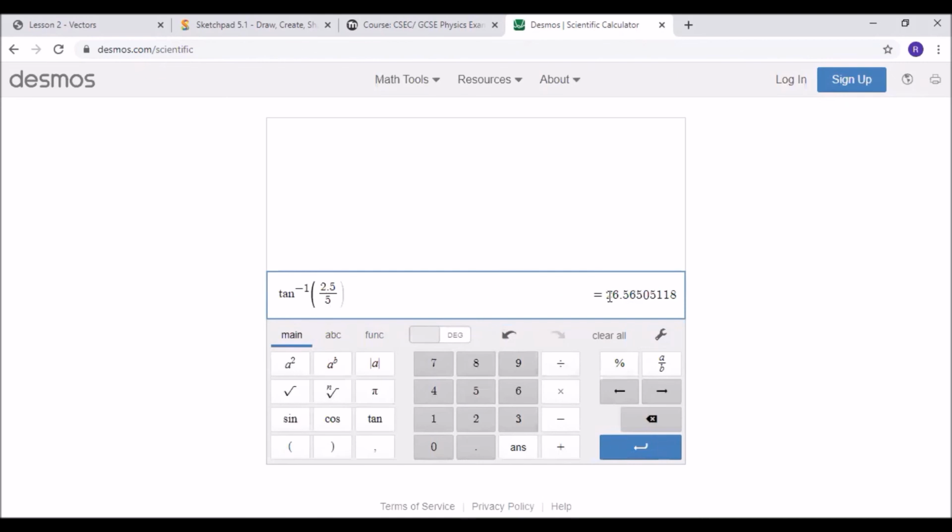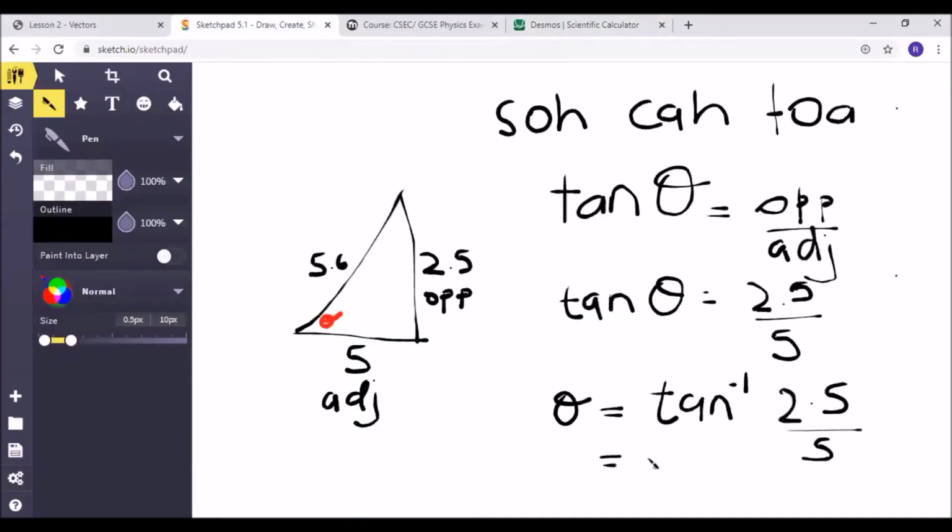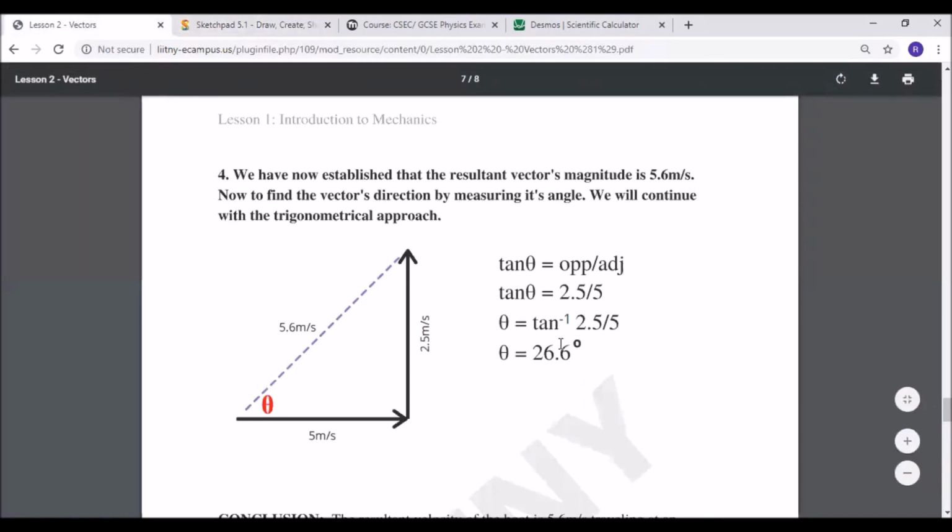We'll go with 26.6. So the angle is equal to 26.6 degrees. I hope this isn't too messy. And so here we have right here 26.6 degrees.